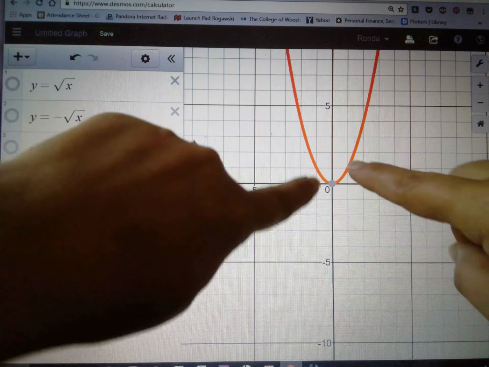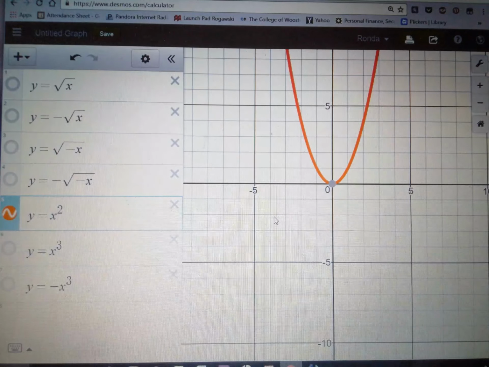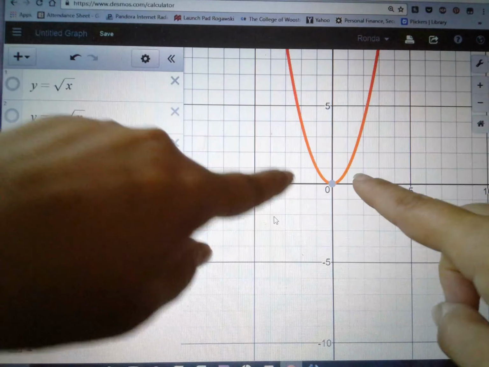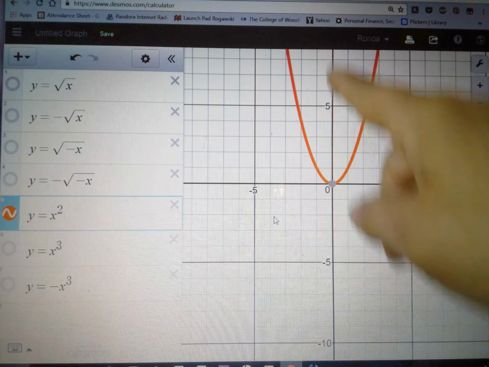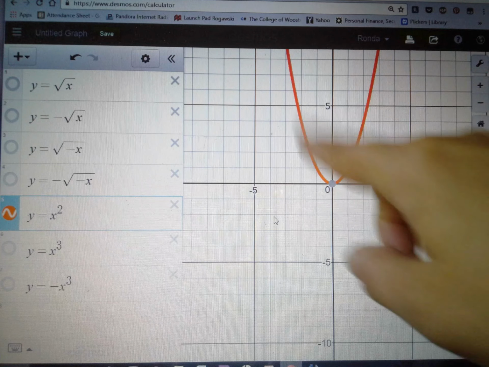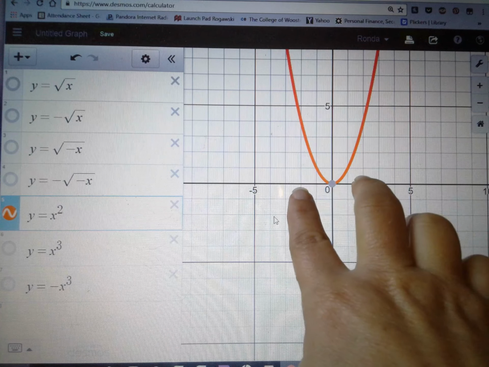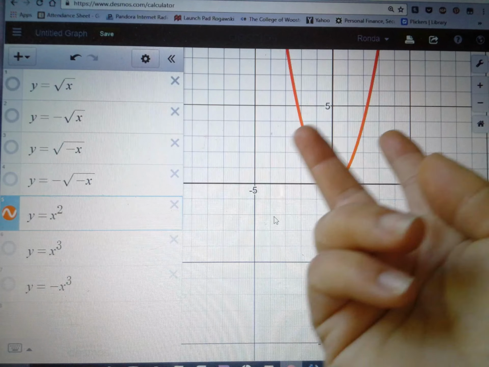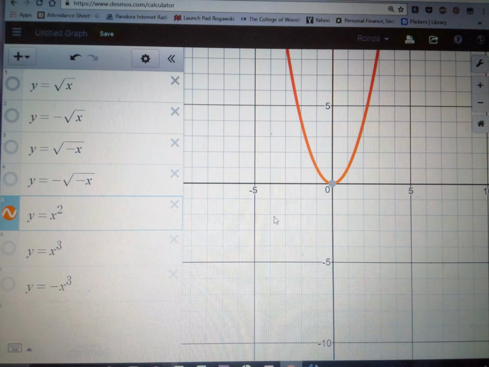Well, this has symmetry, and we call this an even function because it's exactly the same on both sides of the y-axis. It's y, not x, sorry. So when I reflect it across the y-axis, I'm going to pick up my graph, flip it over, and it ends up looking like the exact same thing.